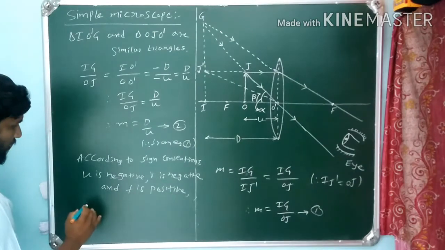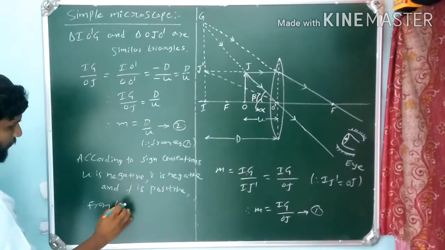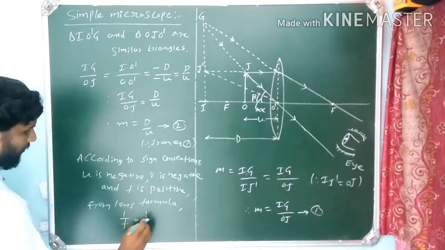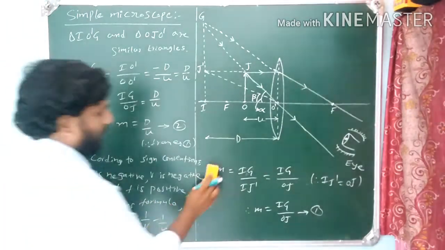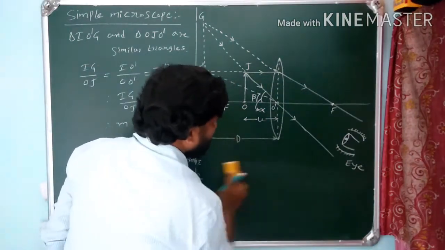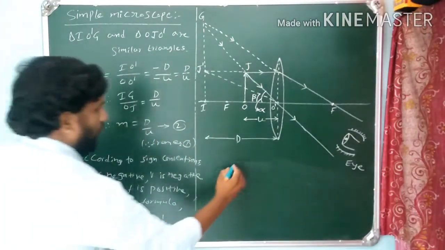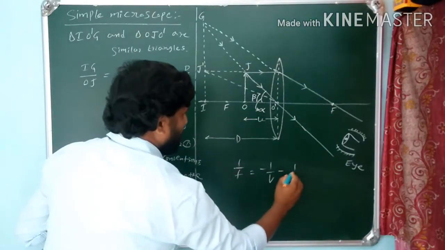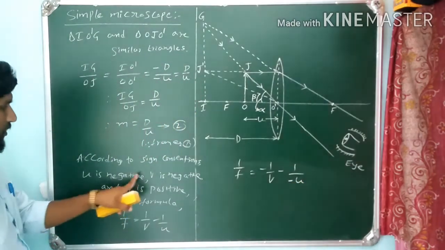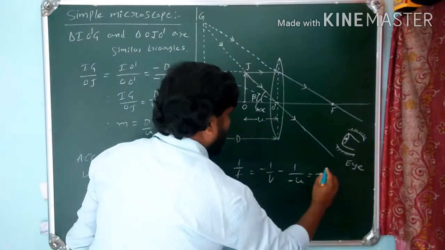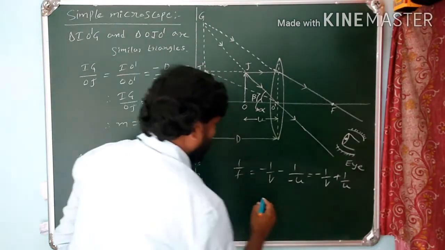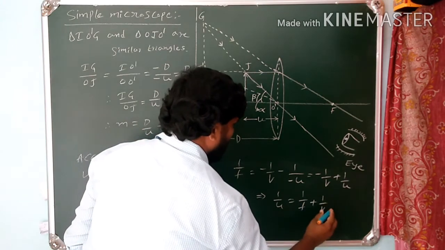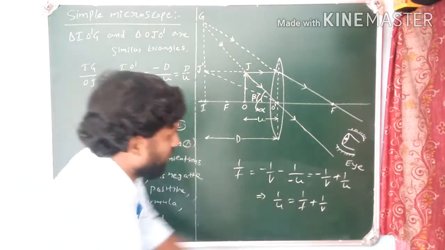From the lens formula, 1 by F equals 1 by V minus 1 by U. Now apply the sign conventions. 1 by F, with F positive and V negative, equals minus 1 by V plus 1 by U, since U is negative here. From that, 1 by U equals 1 by F plus 1 by V.